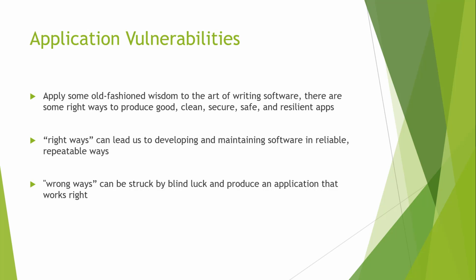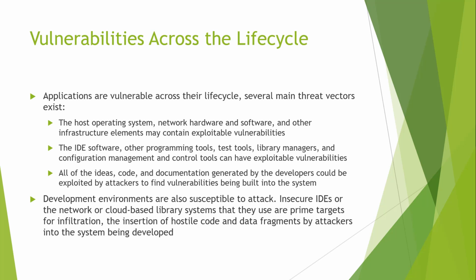The wrong way is essentially you can get lucky and code something and it can work. However, that's not how you're supposed to do it. There's a structured and approved method for writing code that you should be following. Doing it by accident doesn't mean that you can repeat it. So that's what makes it wrong.